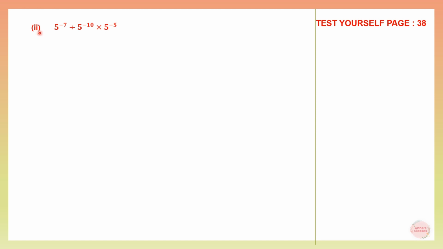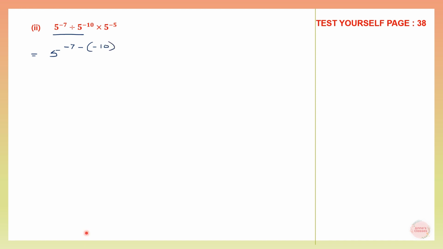Question 2. Here we have 5 to the power of minus 7 divided by 5 to the power of minus 10 into 5 to the power of minus 5. So division and multiplication are there. According to BODMAS, we should do division first. Since the base is the same, we can subtract the powers. So this is 5 to the power of minus 7 minus 10.